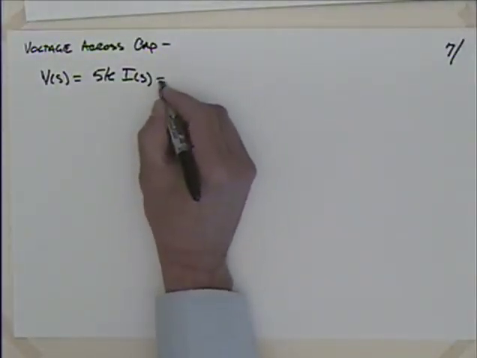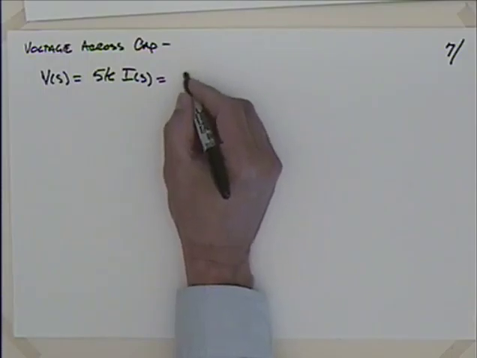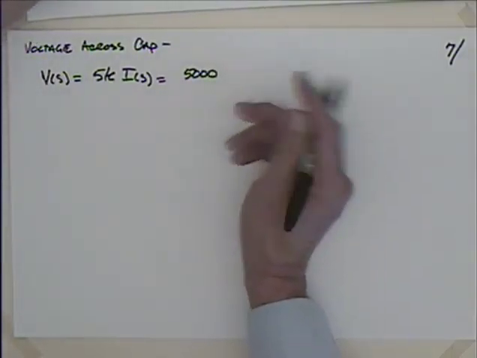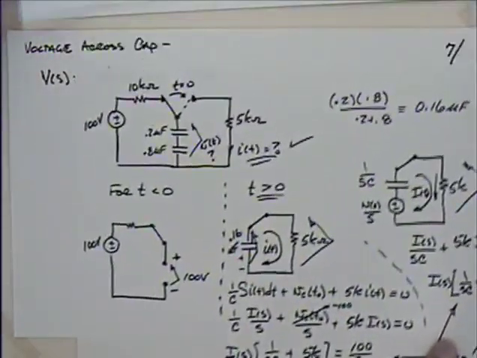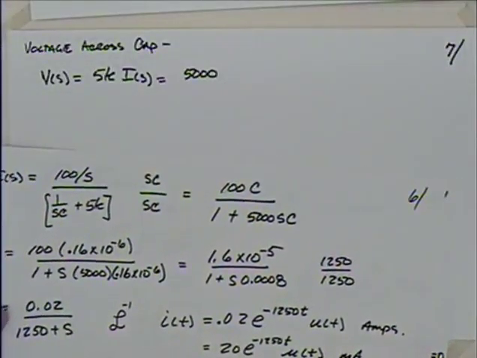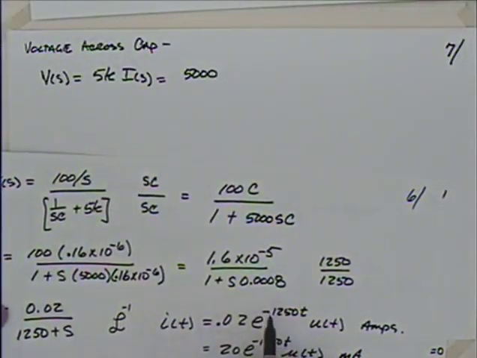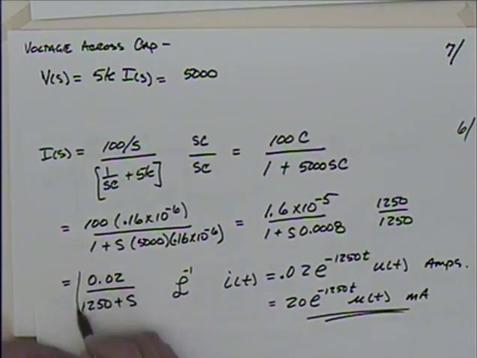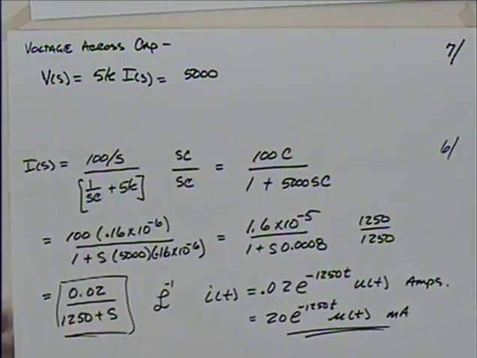So this would then be 5,000. That's the 5K. And then what do we have for I in the S domain? I had I in the S domain right here. So I'll come back and use that.